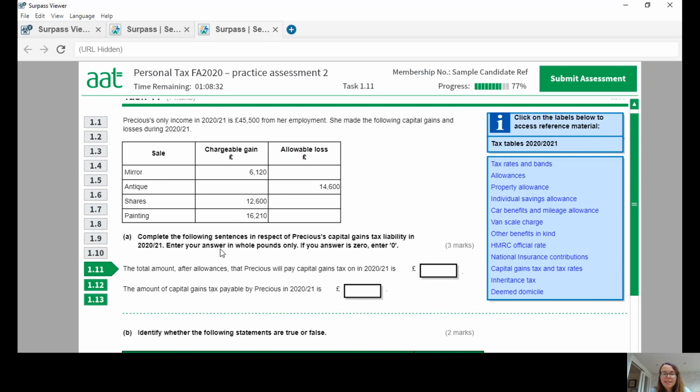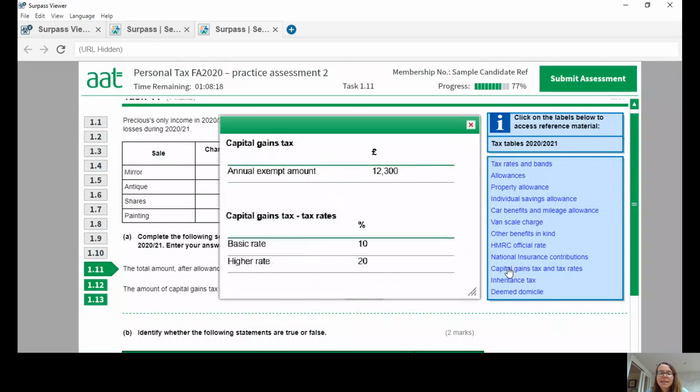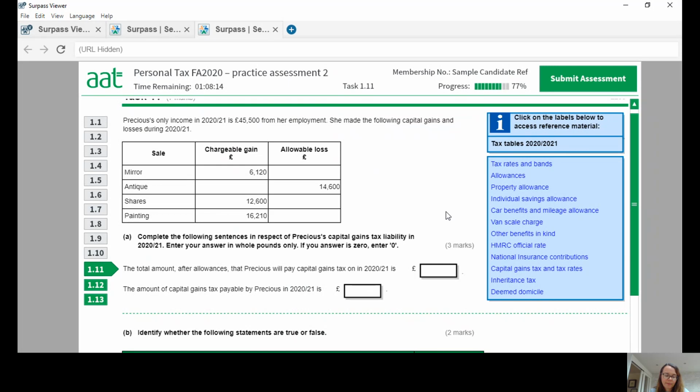I'm going to subtract the current year loss, the 14,600, which gives me 20,330. And then I'm going to subtract the annual exempt amount. So if I click on capital gains tax, there it is, 12,300 is 8,030.